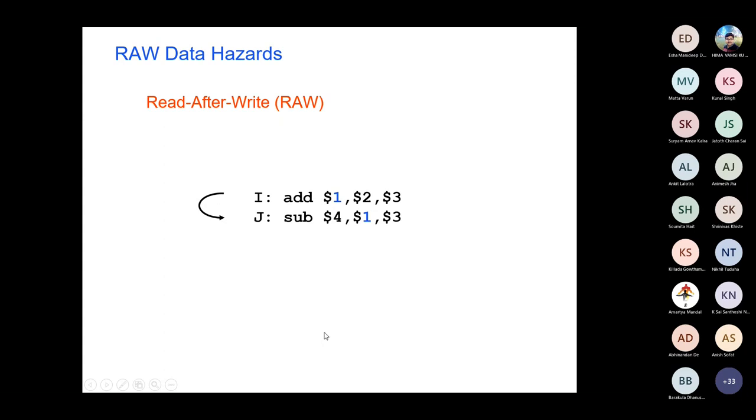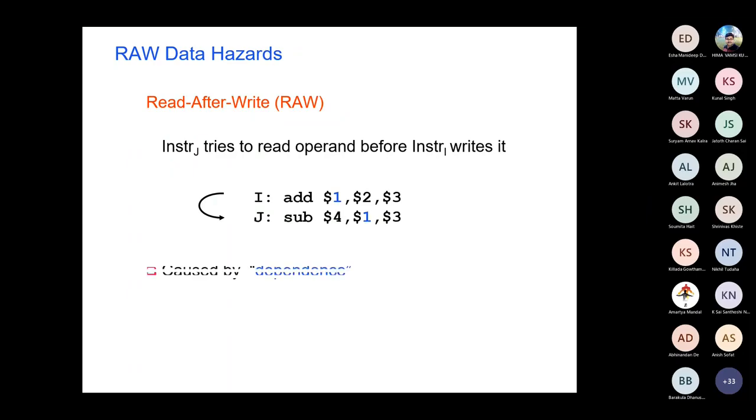And this is called, the example which we discussed earlier, this refers to what is called the read after write hazard. So instruction J tries to read the operand before instruction I writes it. And this is caused by data dependence. So this is one type of data hazard. We will discuss more data hazards later on.